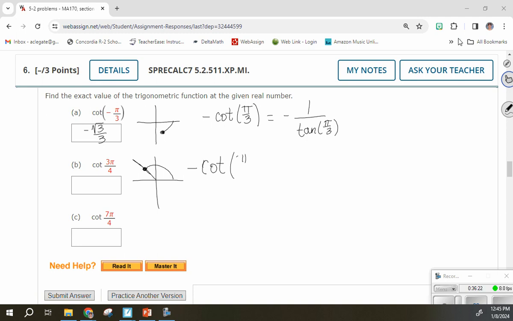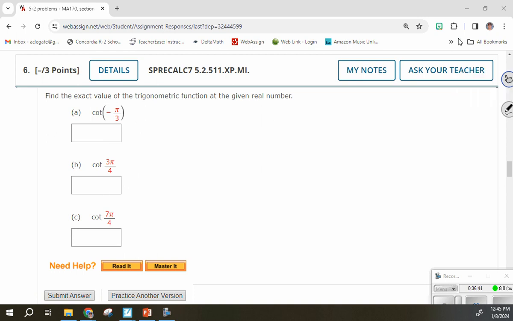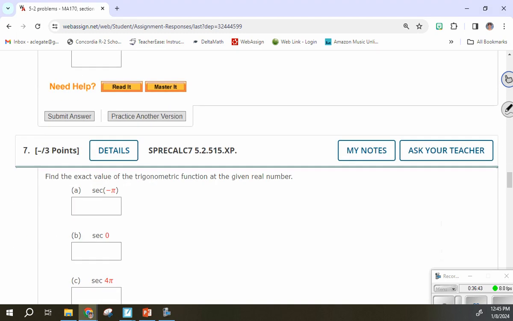Just pi over 4. Okay? So what is cotangent of pi over 4? 1, so this would be negative 1, right? Everybody okay? Seeing how this works?